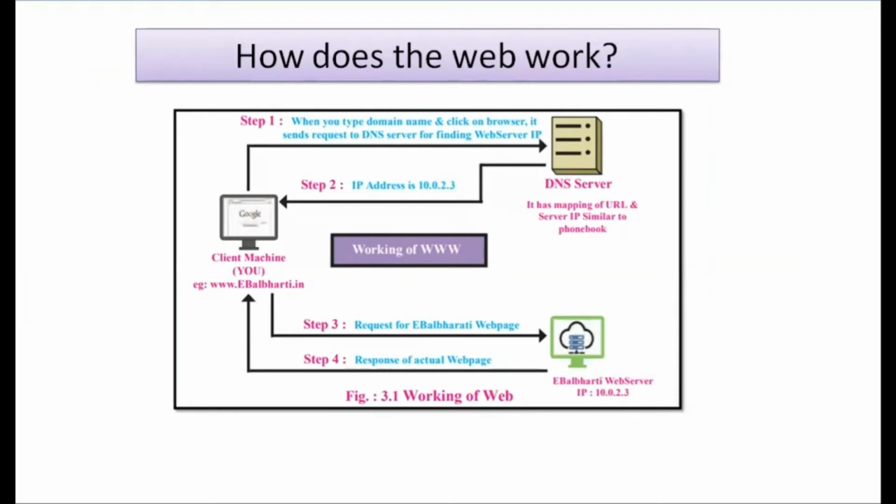It will map that URL and server IP similar to your phone book and then send it on your client machine. For example, when you type www.ebalbharti.in, this request go to the eBalbharti web page. It capture that page and send it on your client machine in the form of response.